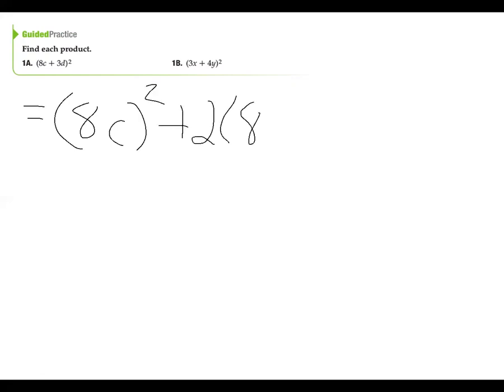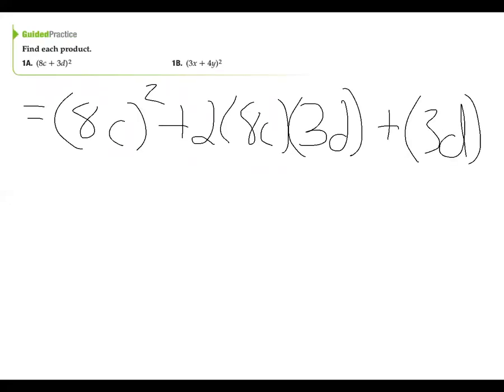Okay, we're back. So the first one, remember, you square the first term, double the product of the two terms, and then square the last term. And remember, if this starts to get confusing, all you have to do is rewrite that as 8c plus 3d times 8c plus 3d, and then FOIL it.